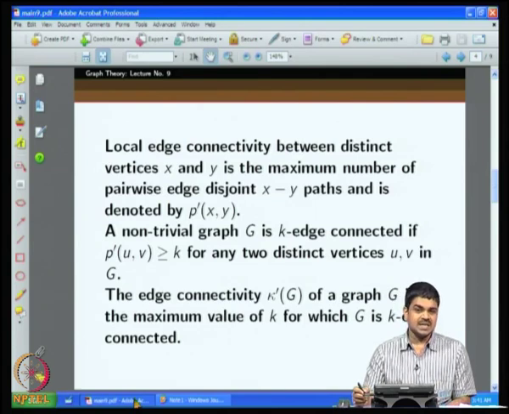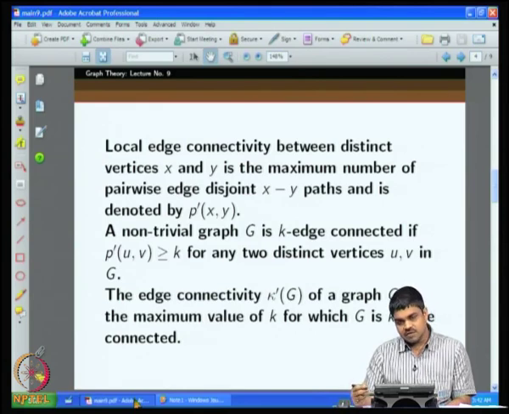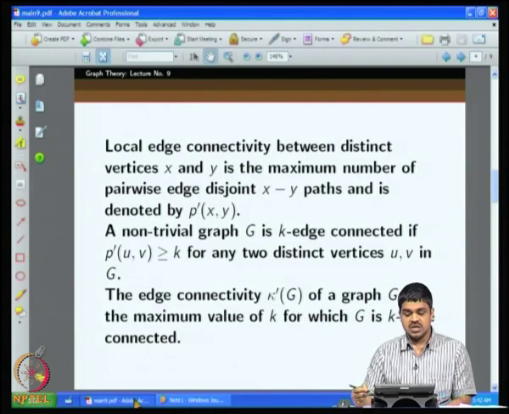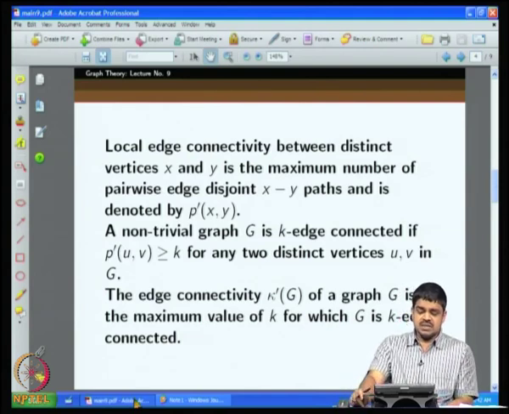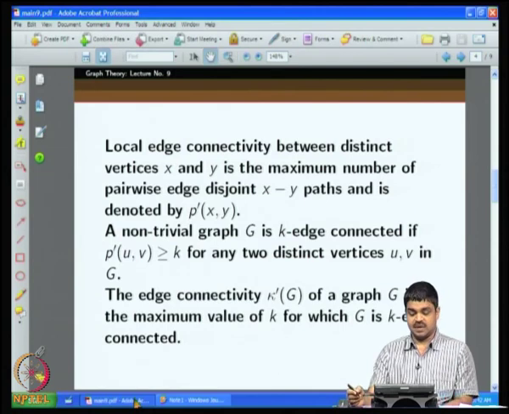Now, there is nothing like internally edge disjoint here, because you are given two vertices, and the edge sets of the different xy paths should be totally disjoint. Like that we have to get the maximum number of pairwise edge disjoint xy paths, and this number is the local edge connectivity, and this is denoted like p dash xy.